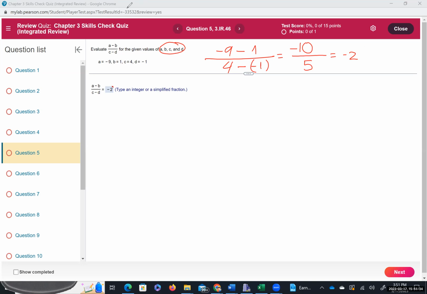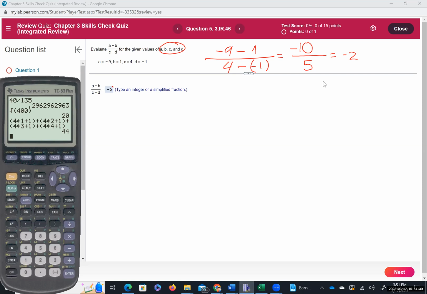Okay, if you would like to use calculators for this one, let me teach you. Make sure you put the denominator in parentheses and also the numerator in parentheses. So open parentheses -9 minus 1 close parentheses, divided by parentheses 4 minus -1.